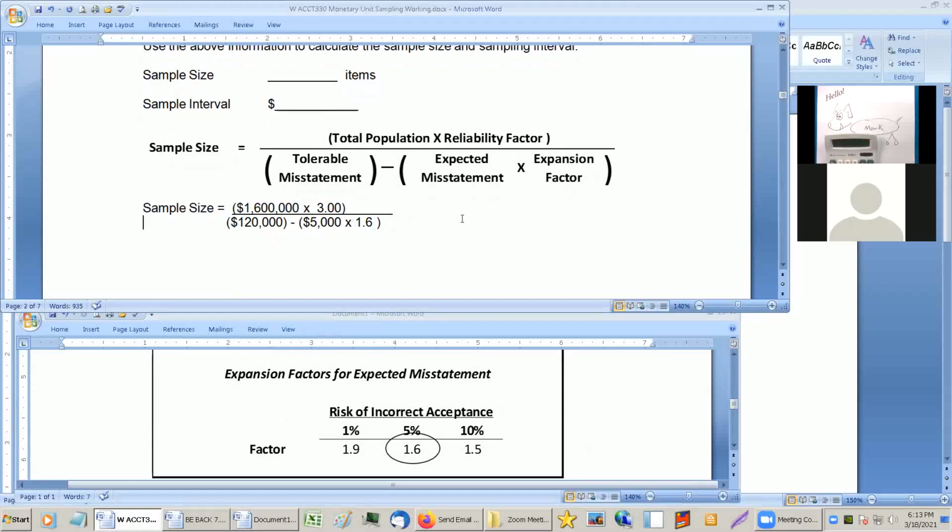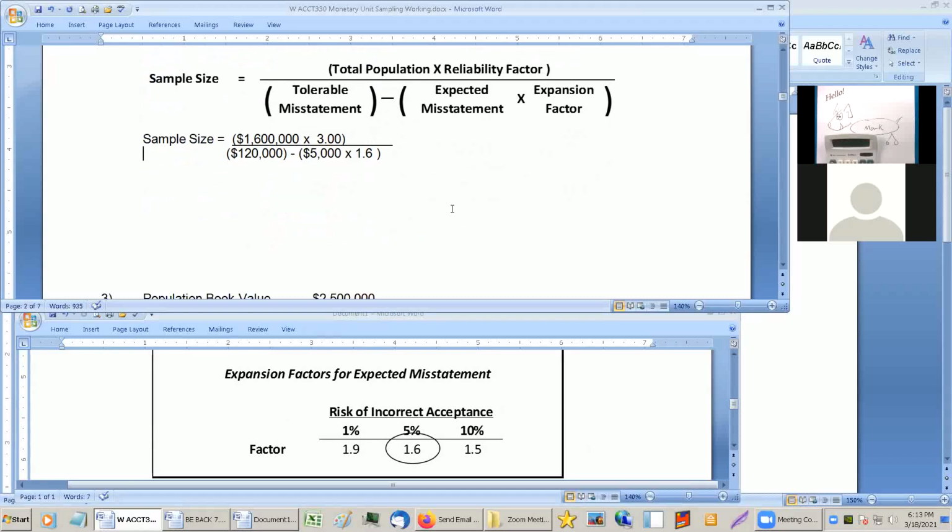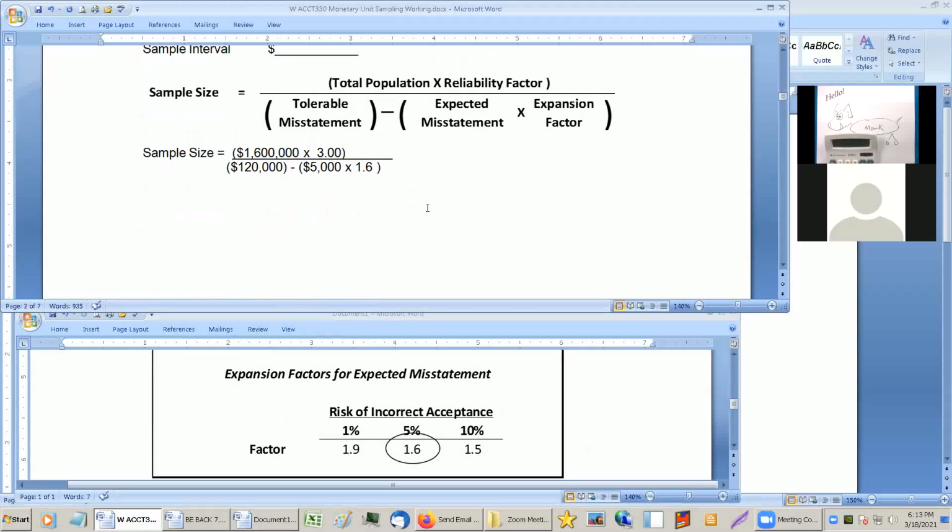Okay, so this is our sample size. This is what we're going to use to get our sample size.